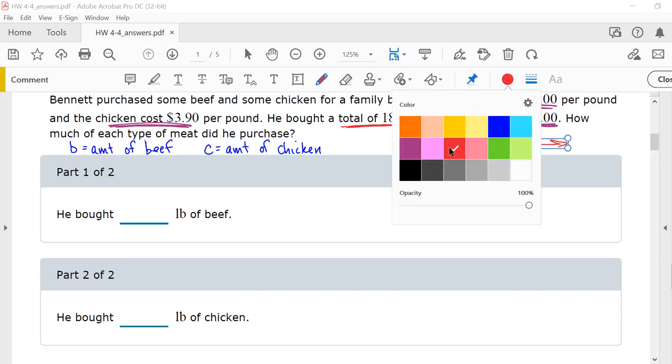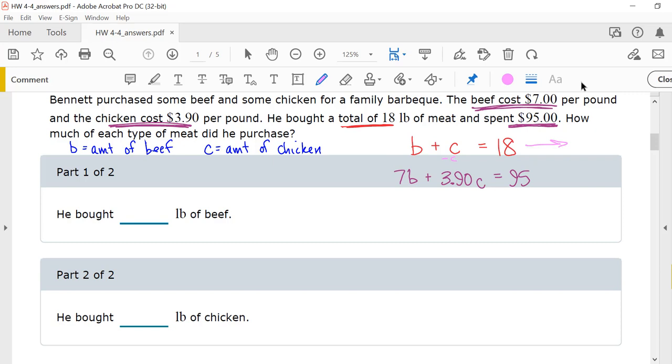If I subtract C from both sides, I get B equals 18 minus C. I'm going to substitute that in for my B right here. So here we go. 7 times 18 minus C plus 3.90C equals 95.